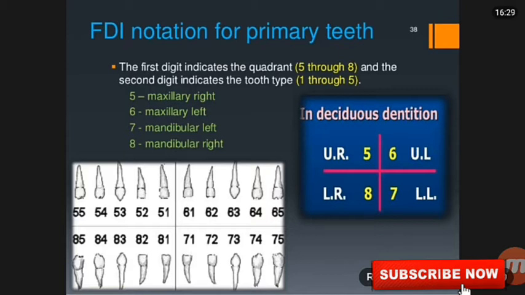In deciduous dentition, upper right is indicated by 5, upper left by 6, lower left by 7, and lower right by 8.